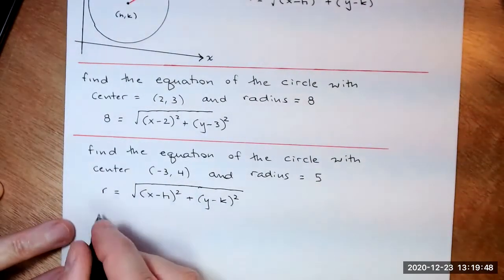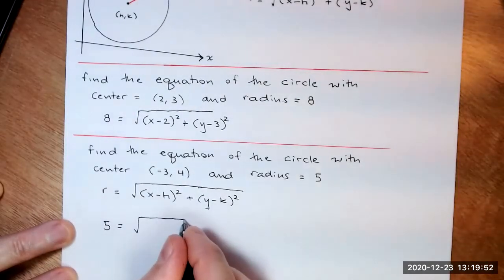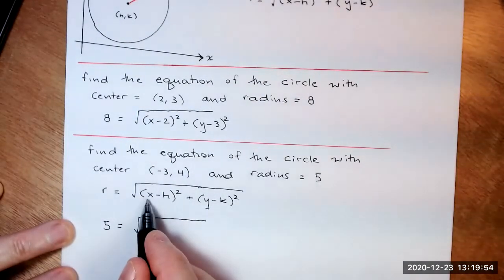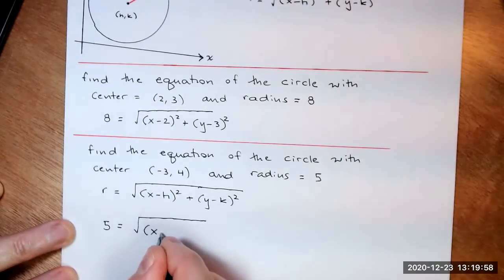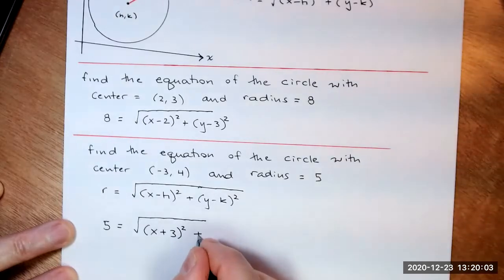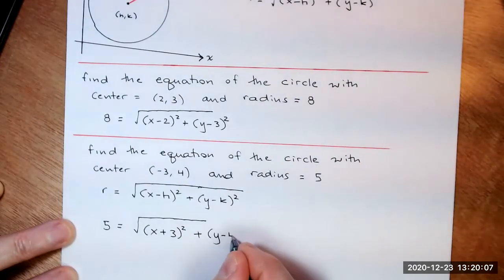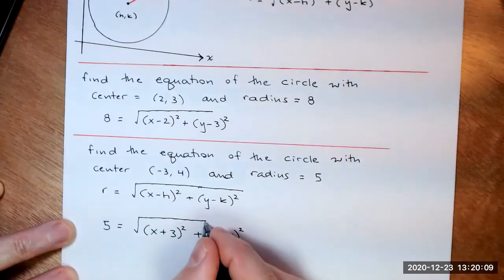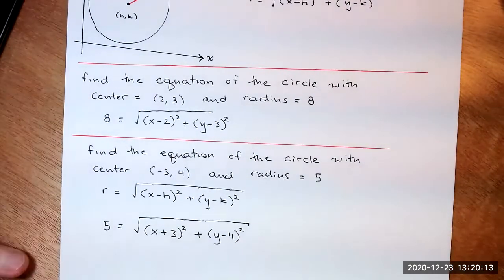So the radius is 5, and we have x minus -3, so that just comes out to x plus 3, and y minus 4. And that's all you have to do.